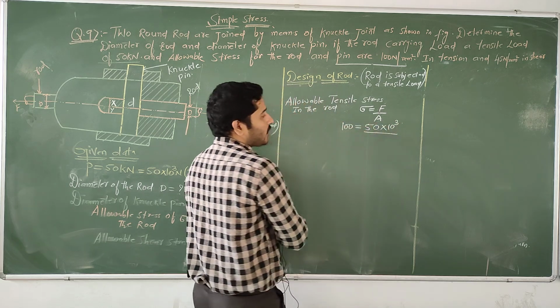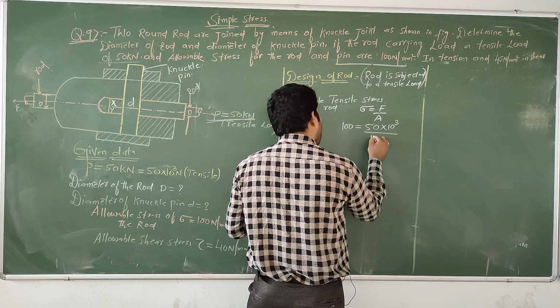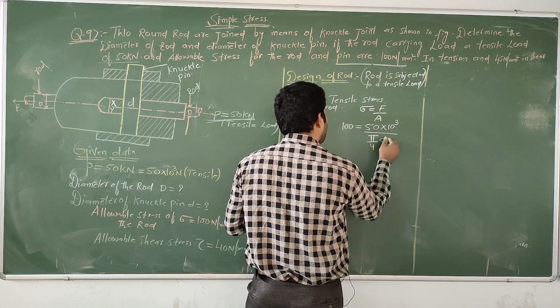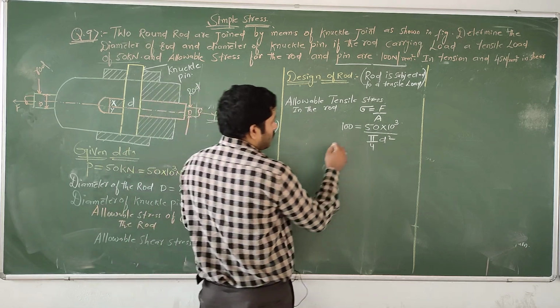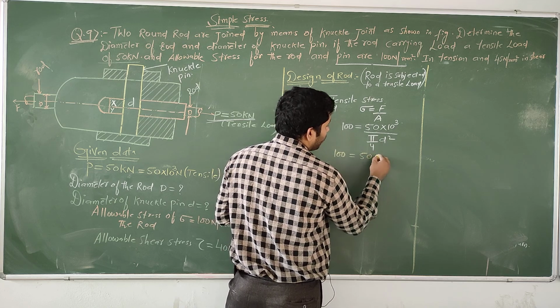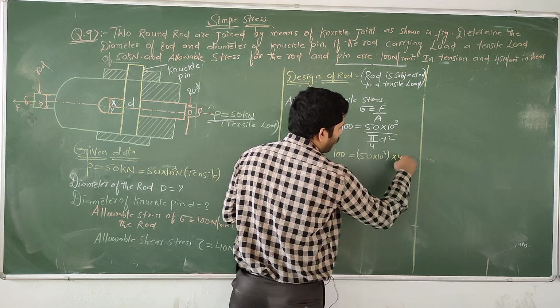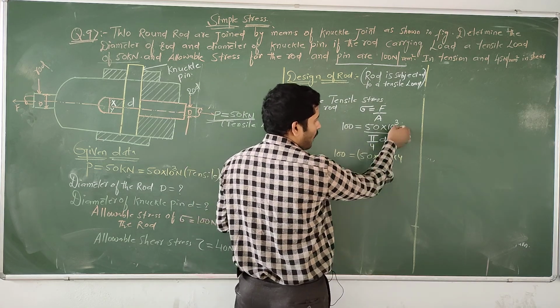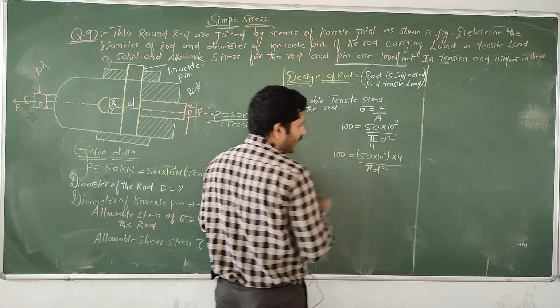We need to find out the area. What is the formula of area? We know very well, the area formula is pi by 4 into d square. Is it right? Then 100 equal to 50 into 10 power of 3 into 4, moved above by pi into d square.